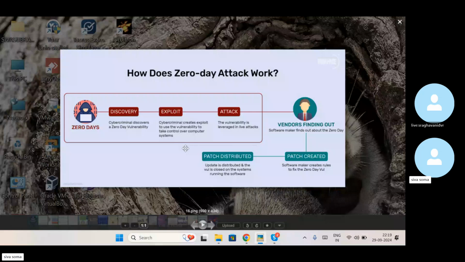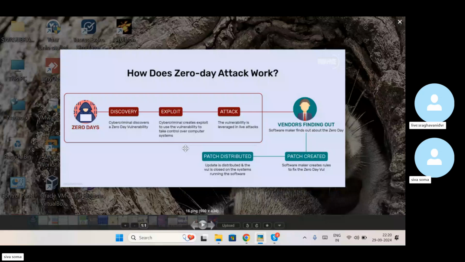For example, if you are working in a company and unknowingly some malware enters your network, but you don't know what it is, and you don't know about the attack, up to that point it is called a zero-day attack. Once you understand, you contact the hardware or software vendor, and they will provide the patch for it.